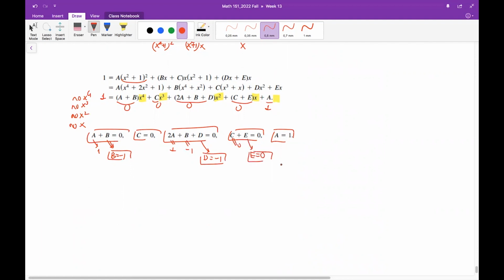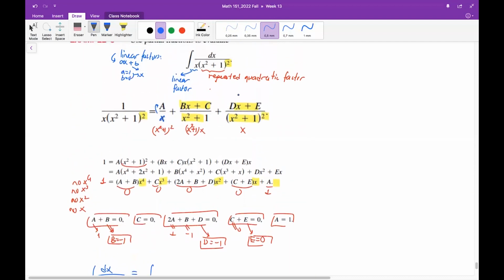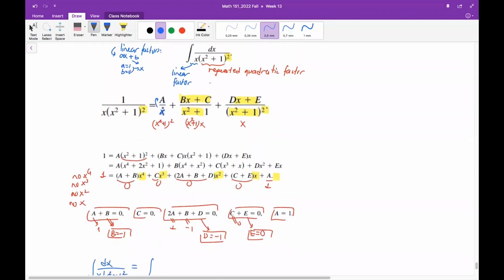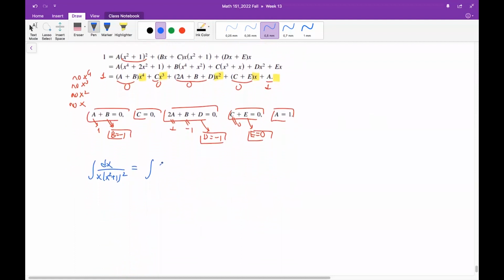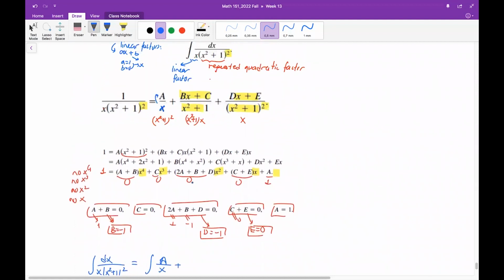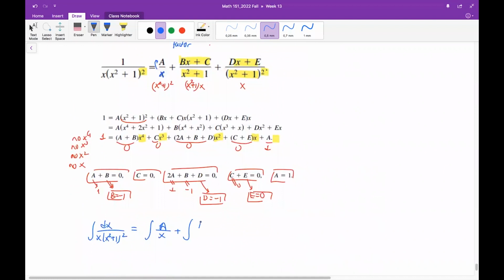Okay, now we know all the coefficients. Then I am ready to integrate the given example. The example was like that. X squared plus 1, which is a quadratic factor, it is repeated. So I will handle this integration on the right-hand side. A is solved as 1, right? Okay, let me just write the whole thing, then I will insert all the coefficients.